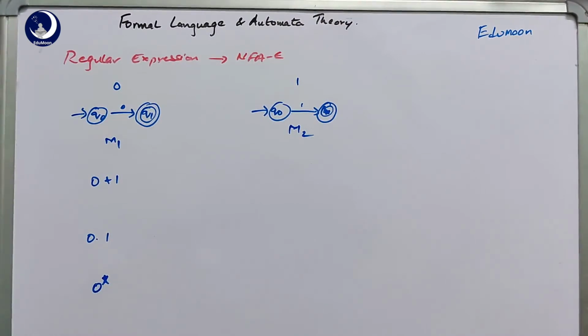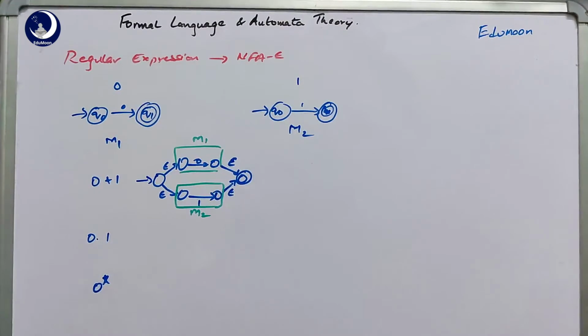For 0 plus 1 we can design a machine in this way: from the starting state we take an epsilon move, that is, without reading any symbol, to the machine M1, where it is followed by the input symbol 0, and again an epsilon move goes to the final state. Or else it can take an epsilon move to the second machine M2, followed by the input symbol 1, and then gets accepted again. So this is how we write 0 plus 1, which is nothing but a union operation.